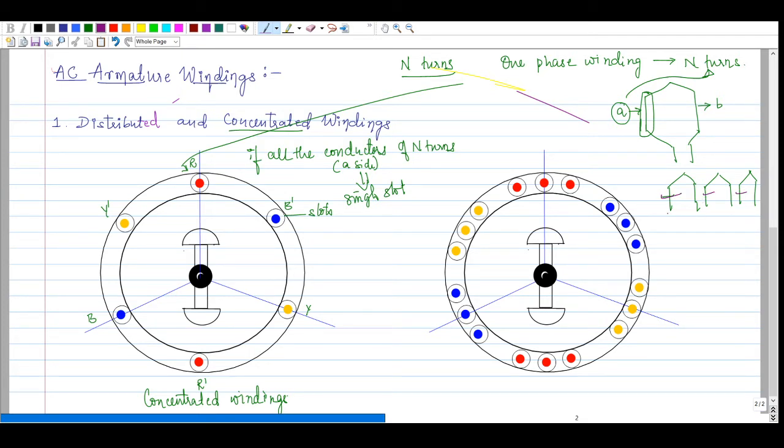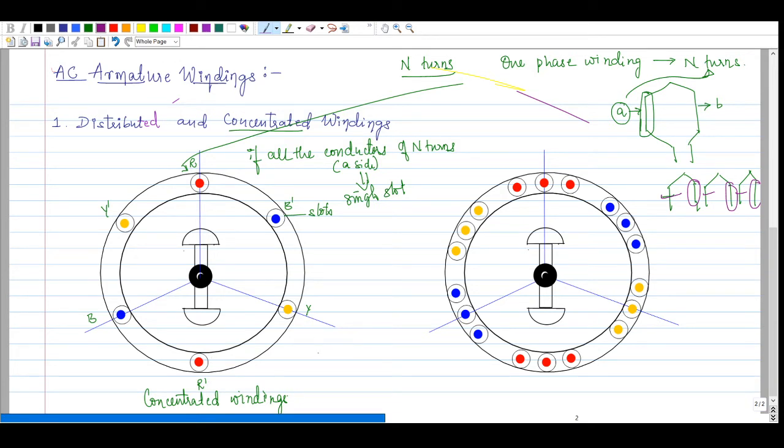The other end of the turns, we call the B conductors. They will be placed exactly 180 degrees opposite to it. So here the other end of the conductor will be placed.